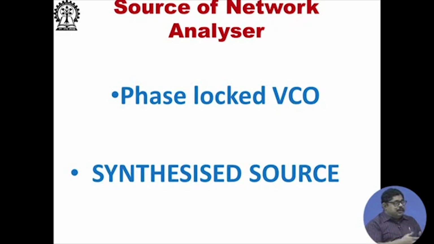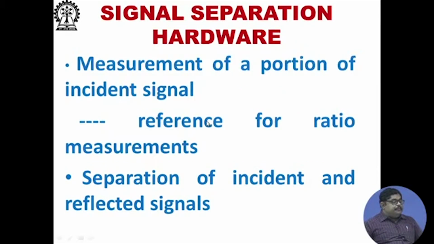So the source becomes a broadband source and gives a lot of frequencies. For signal separation hardware, it measures a portion of the incident signal as a reference and makes a ratio measurement.